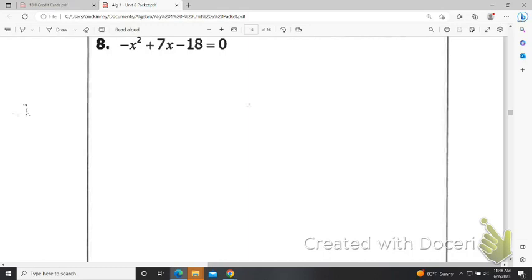So I don't necessarily need to move things around. Personally, when I was taught, we did always make the x squared positive, but the result is going to be the same. So I don't want to get super caught up in that in case you just went ahead and tried it in the order that it is, since it is set equal to 0.